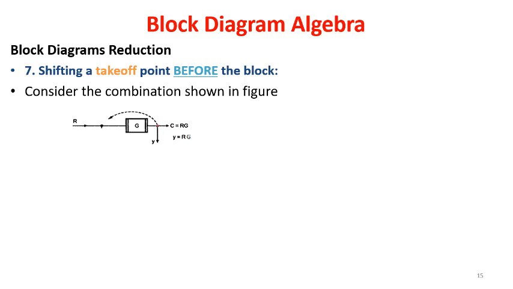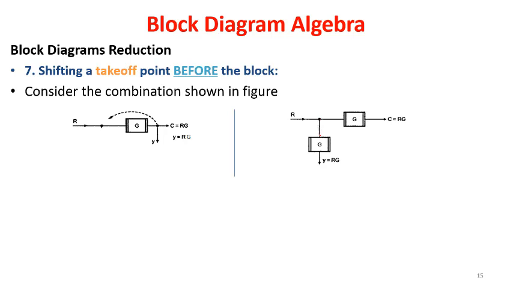If I want to shift this takeoff point from this end to before the block, then I still require the output Y to be R into G only. Hence I have to modify. The modification will be bringing a transfer function block of the same forward block in series with the takeoff point.